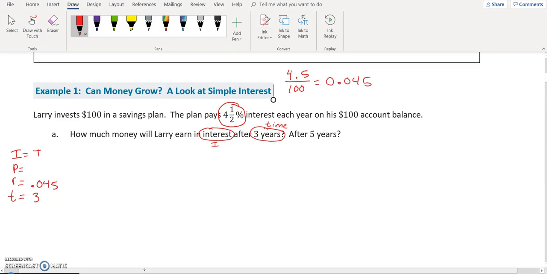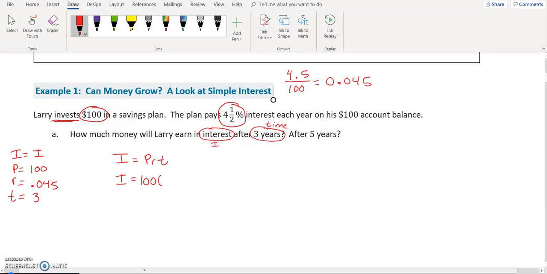So this is going to be our I. And so there's that word invest, $100. So 100 is our principal. All we're going to do now is plug it into our formula. I is equal to PRT.